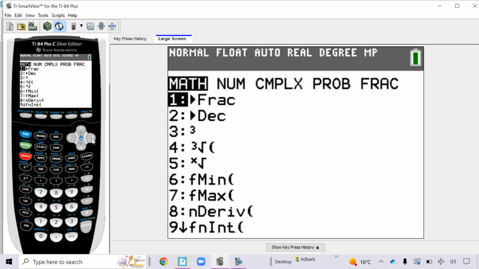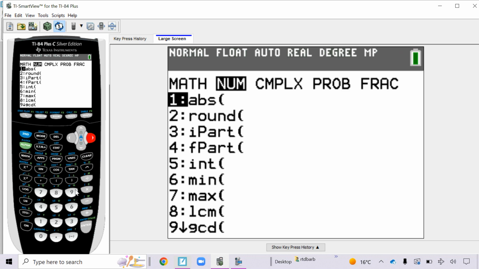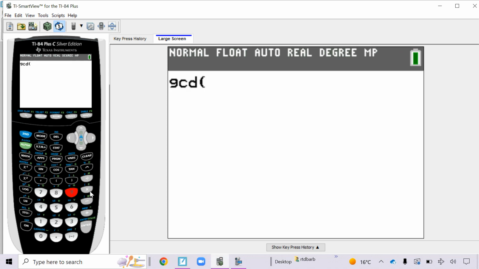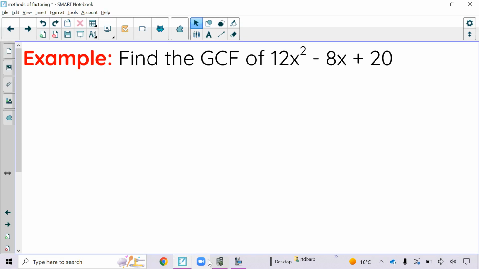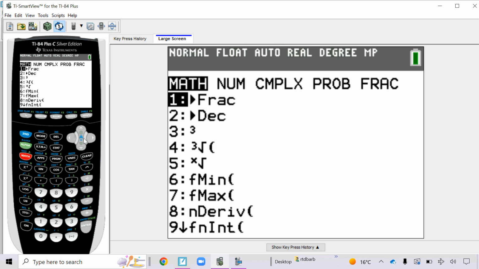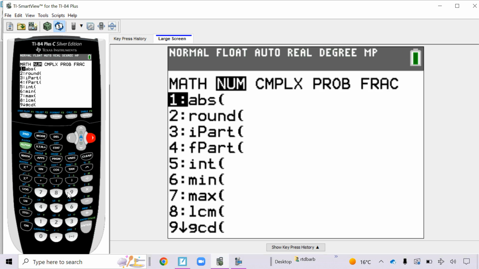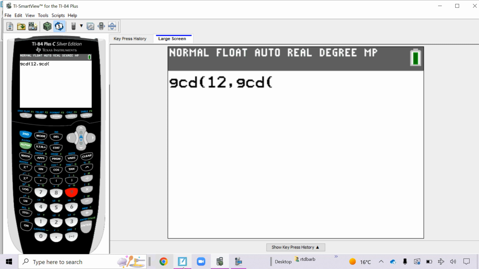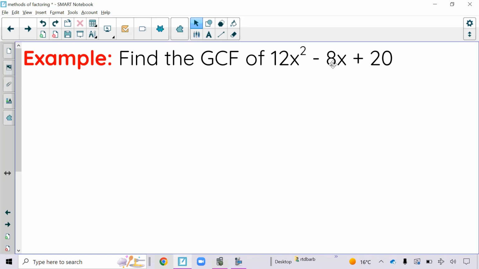So math, over to number, down to option number 9, and I'm going to do the GCD of, I'm going to do my first number, which is 12. And then comma, I'm going to do it again. Math, number, GCD, and then I'm going to enter in my next two numbers, only positive numbers, 8 and 20.